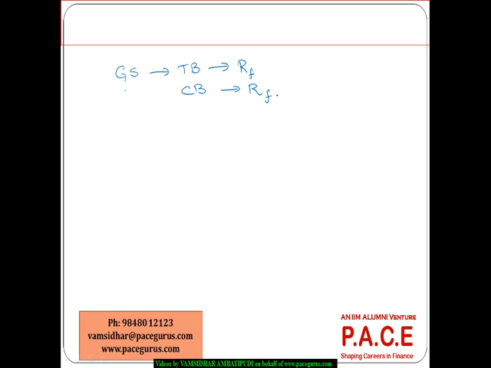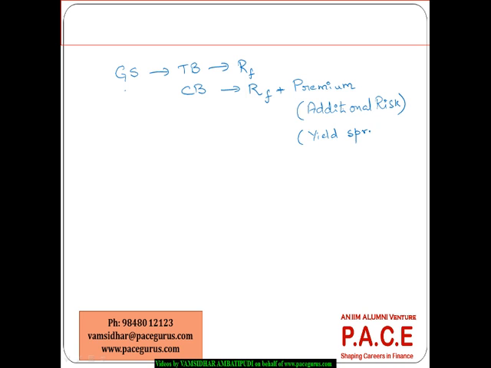So the return expected on corporate bonds is looked at from this perspective: the risk-free rate, which is the treasury bond rate, plus some kind of premium on top of it to account for this additional risk that is coming up.